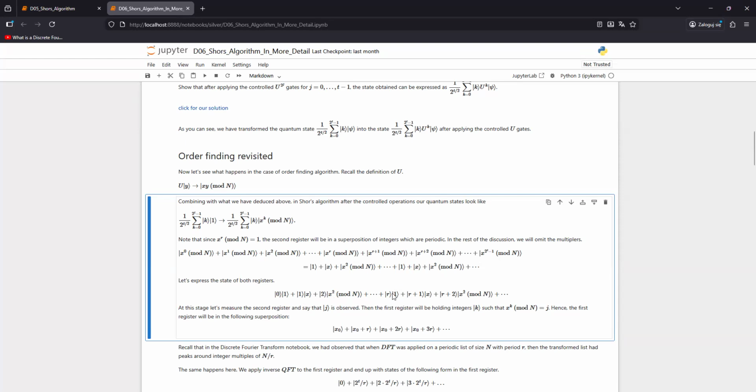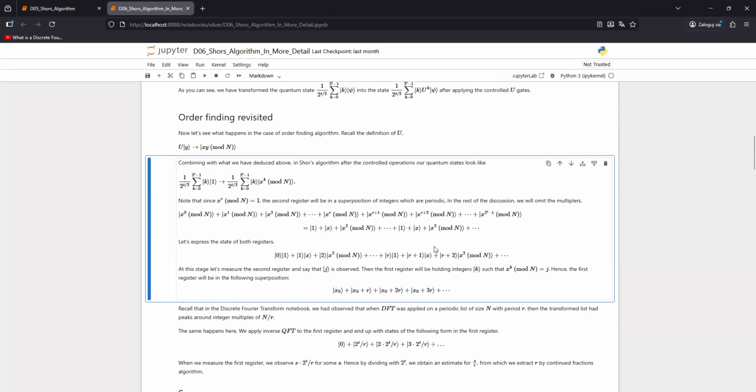Because here you will find your R. And as you look here, you also get some kind of a repeating pattern, so you get R multiplied. So this is a very nice formulation to read R from.